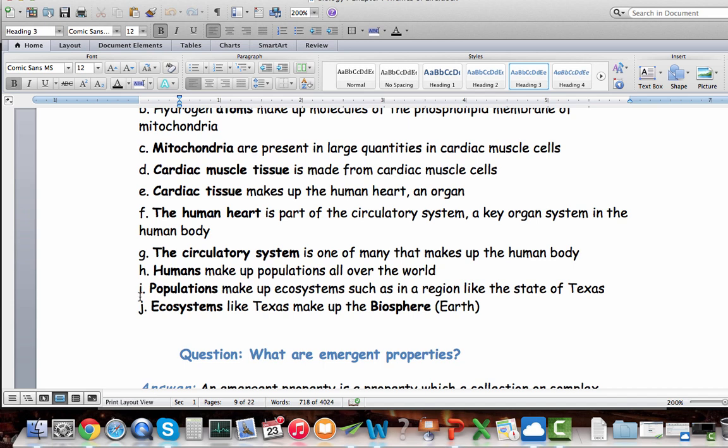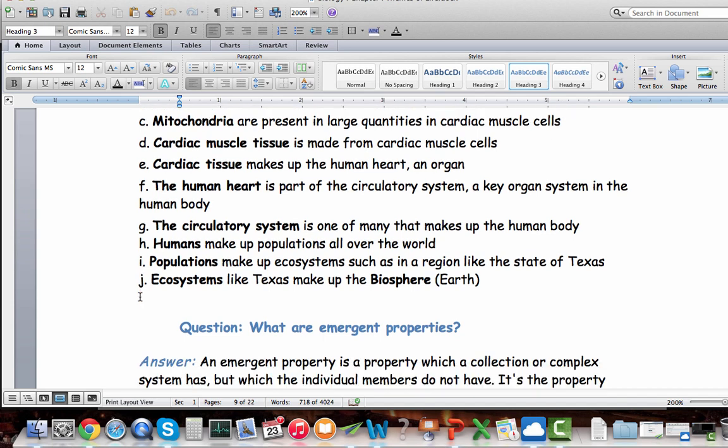Mitochondria are present in large quantities in cardiac muscle cells. Cardiac muscle tissue is made from cardiac muscle cells. Cardiac tissue makes up the human heart, which is an organ. The human heart is part of the circulatory system, which is a key organ system in the human body. The circulatory system is one of many that makes up the human body.